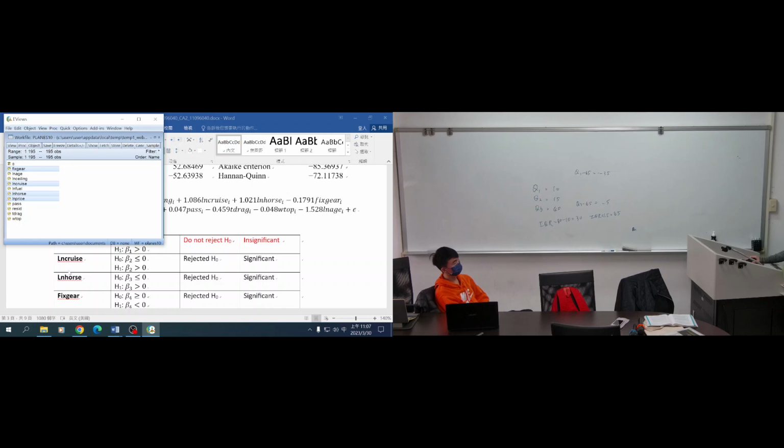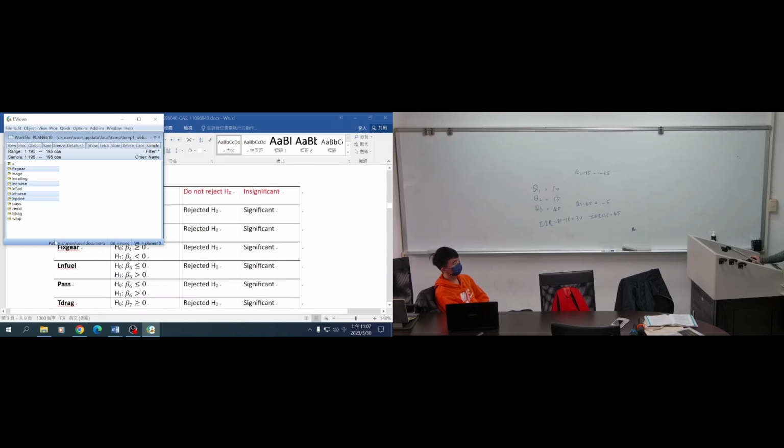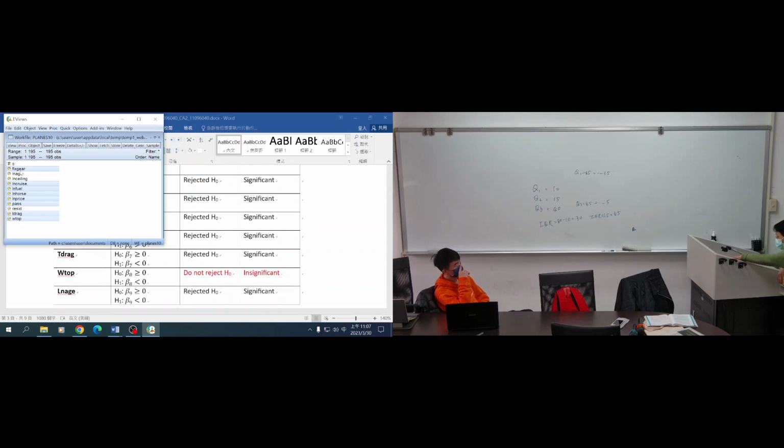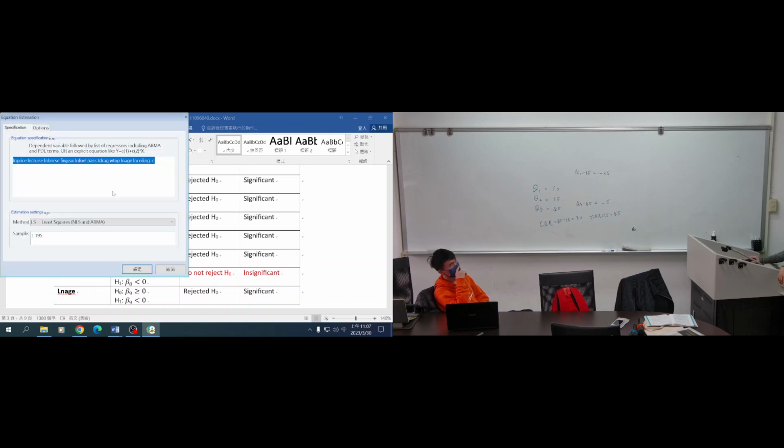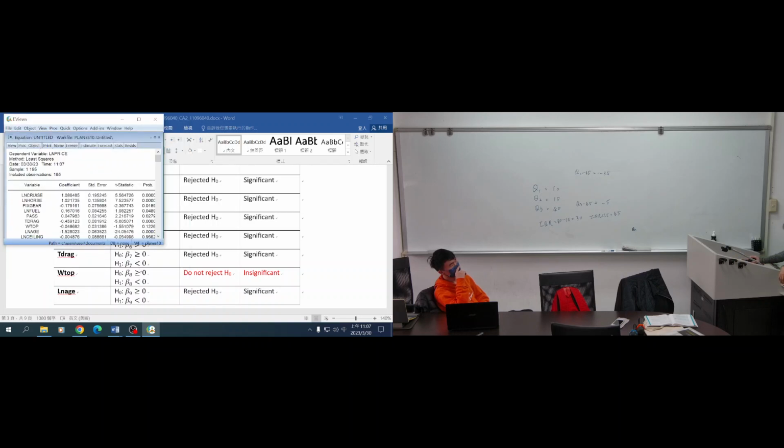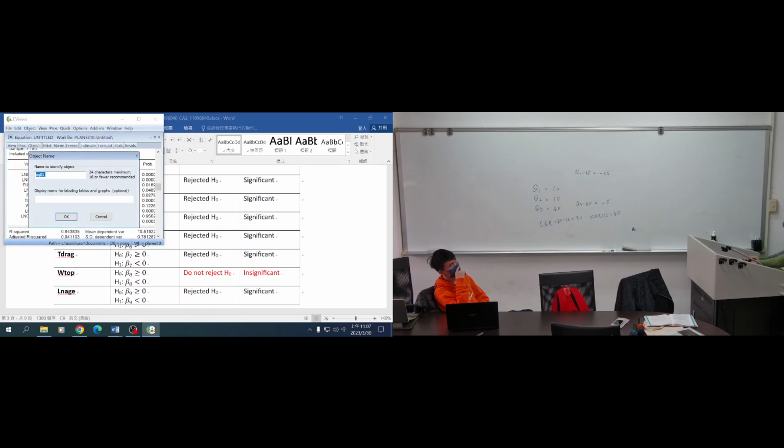Yes, that's the fixed X gear variable. Okay. Then we have the residual. Now we have the residual.